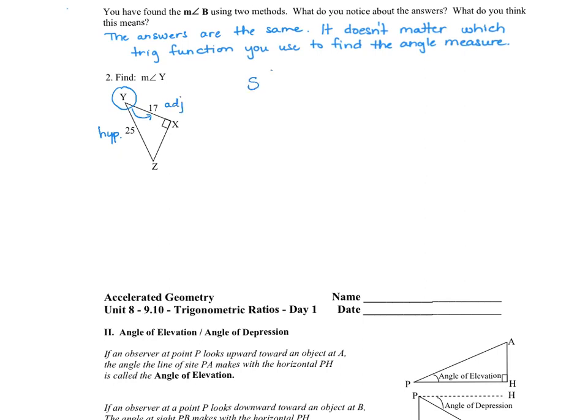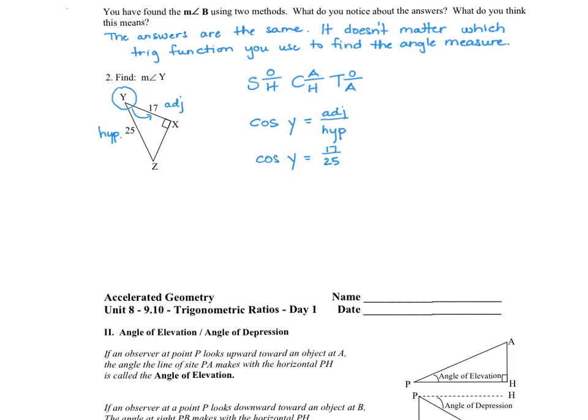Remember your SOHCAHTOA. It's a good idea just to put this on the top of your paper whenever you have problems that will use that acronym. If I have adjacent over hypotenuse, that means I'll be working with cosine. Right? The cosine of y is equal to the adjacent over the hypotenuse. And I have cosine of y is equal to 17 over 25.